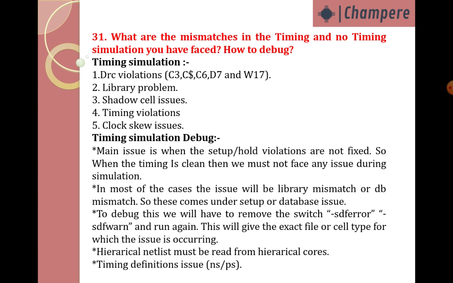When timing is clean, we must not face any issues during simulation. In most cases, the issue will be library mismatch or database mismatch, which comes under setup or database issues.